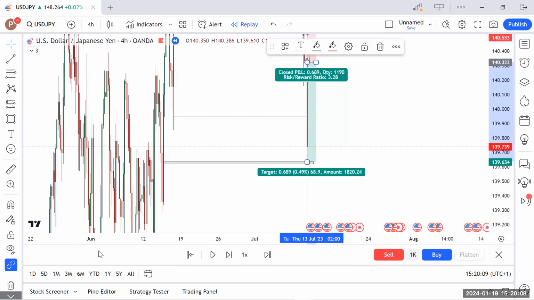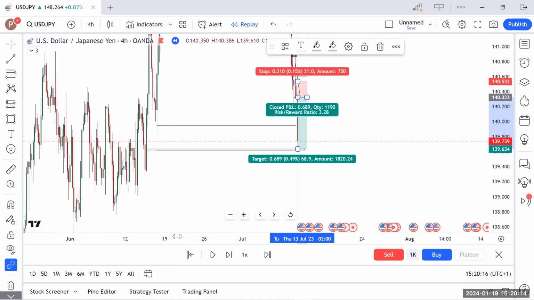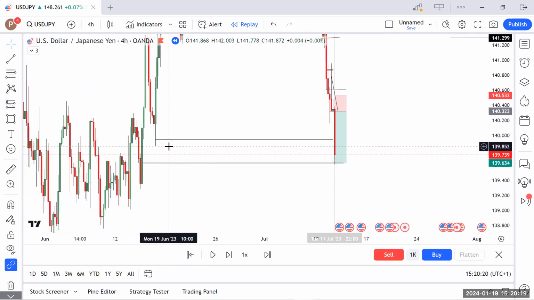On the higher time frame, we can see that. On the 4-hour, we can see where price created demand with this engulfing candle.